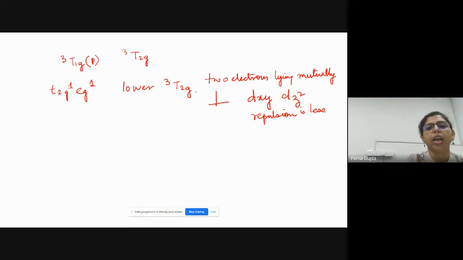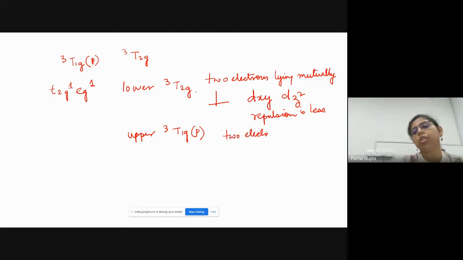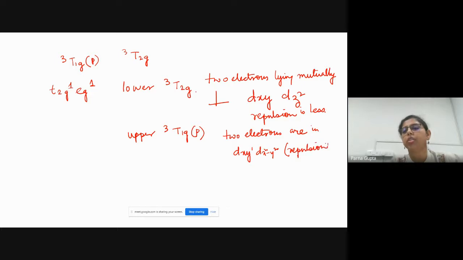And the upper, T1g(P): two electrons are, let's say, in dxy and dx2-y2, so repulsion is high.